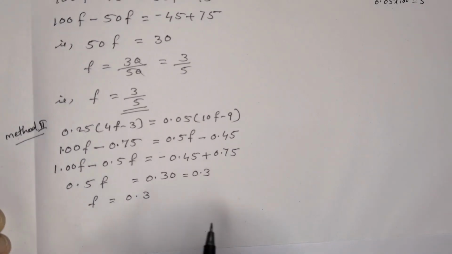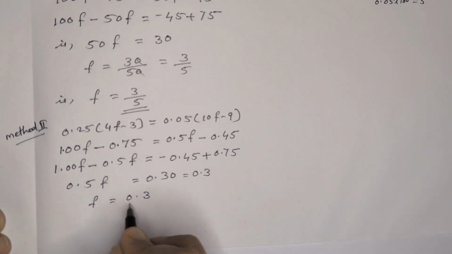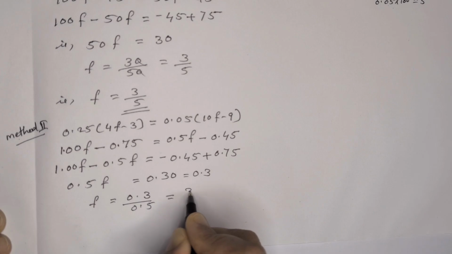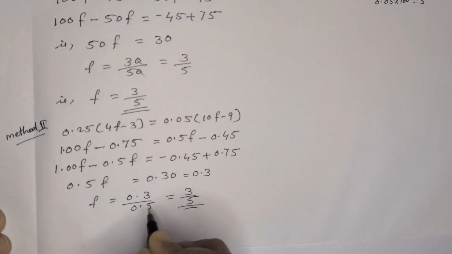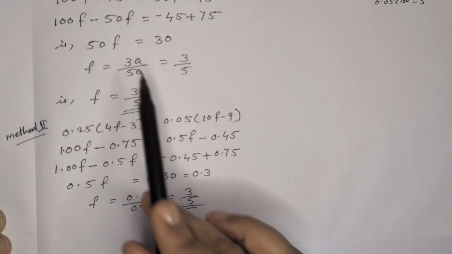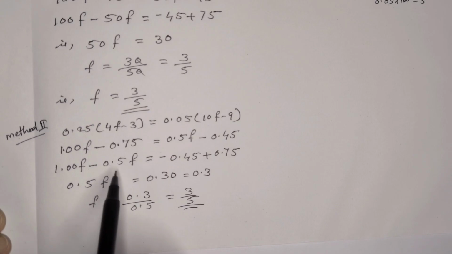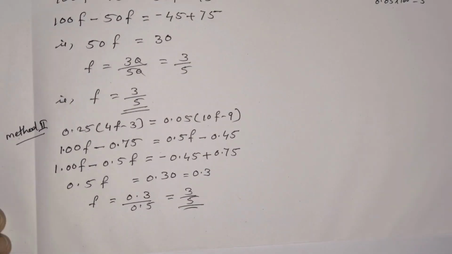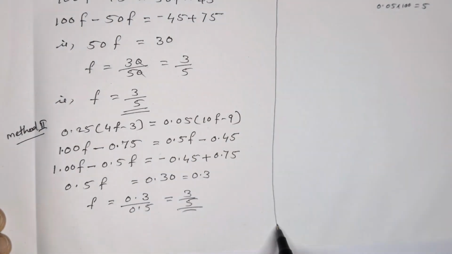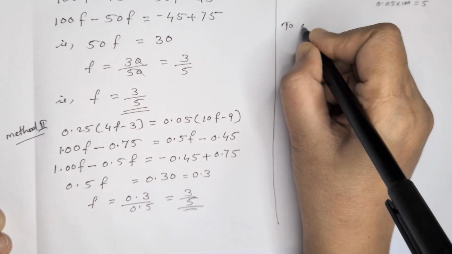Now f is equal to 0.3 divided by 0.5. Same decimal places up and down, so we can write that as 3 by 5. So both the answers are same. Any one method you can follow. If you are directly multiplying, everywhere it will come decimal point, and finally we will get the same answer. Or if you are multiplying straight away by 100, we can avoid the decimal places and then you get the answer.